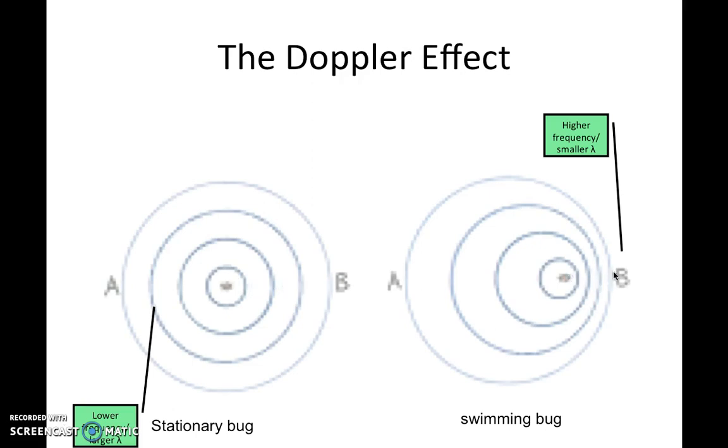And so these waves have a higher frequency than the waves moving away from him. The bug is still producing waves of the same frequency, but what's actually getting received is a higher frequency as he moves in this direction and a lower frequency as he moves away from that direction.